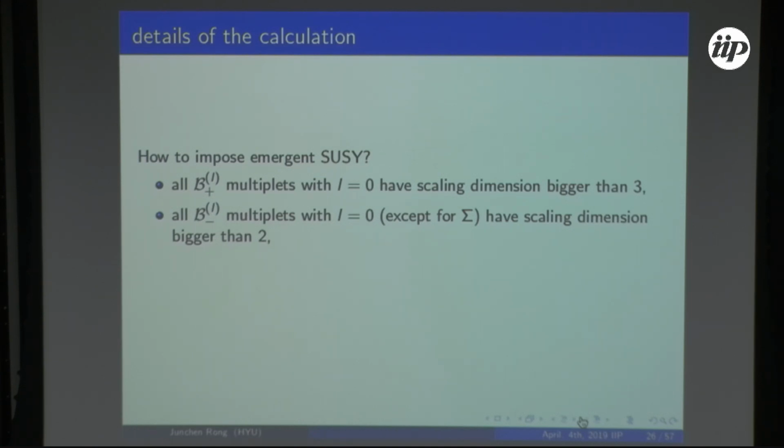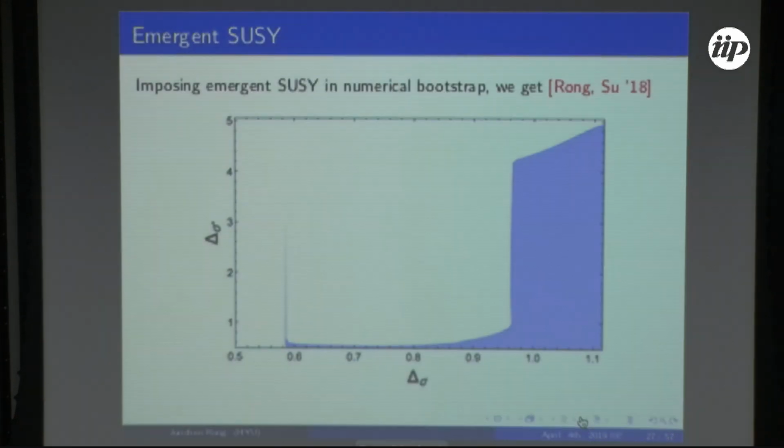So if it's bigger than 2, then its descendants are bigger than 3, and we are good. And we have to require this fermion primary with G_{1/2}, and its descendant having dimension bigger than 3 means this fermion needs to be bigger than 5/2. Okay, and then this is our result.